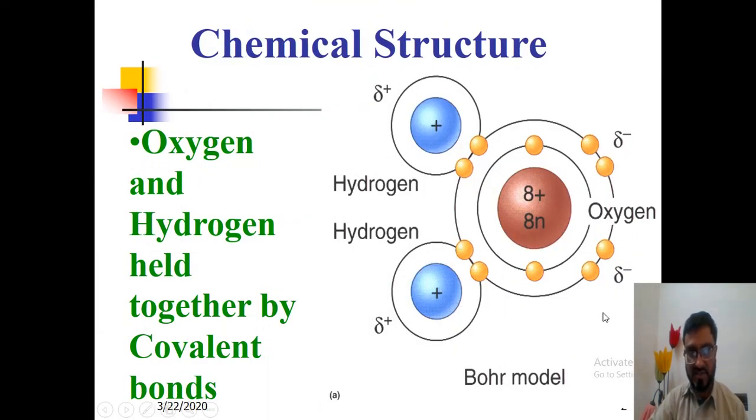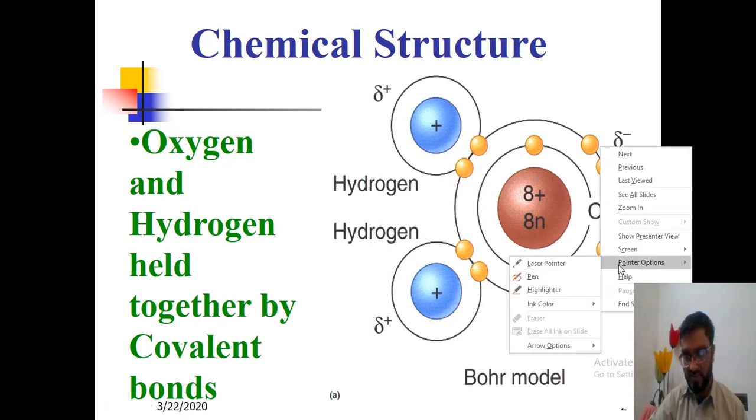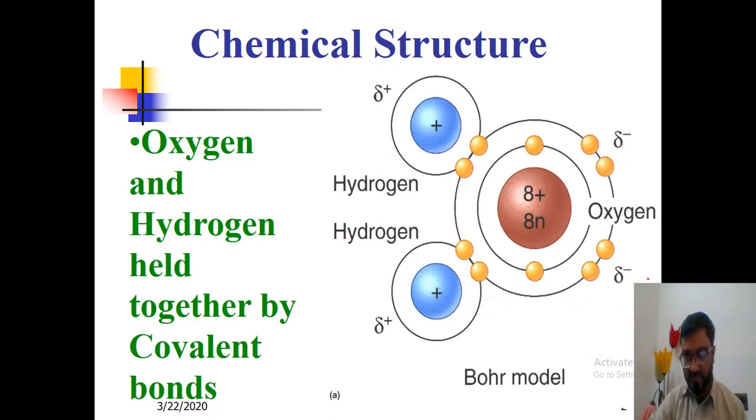So look at this one. This is the chemical structure for water, H2O, consisting of two hydrogen atoms and one oxygen atom.